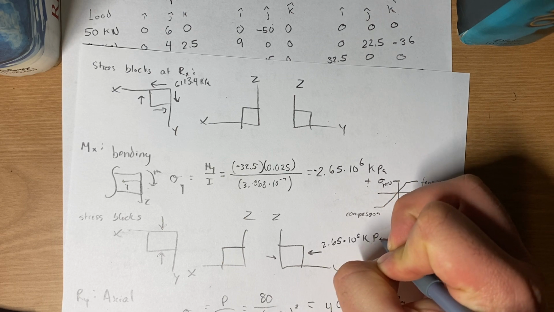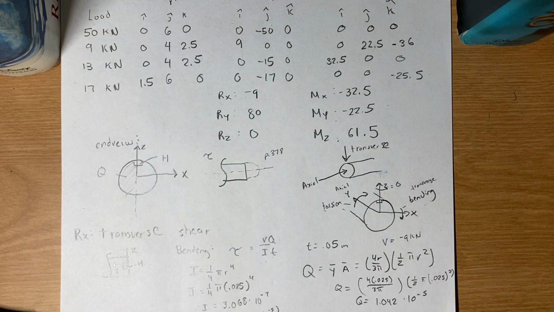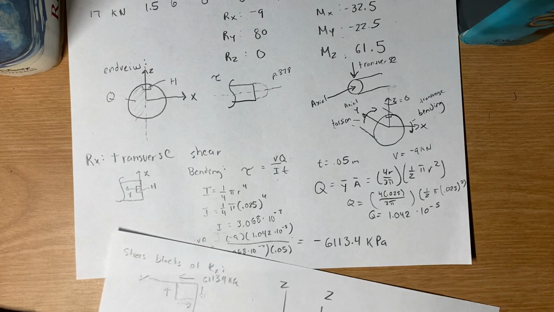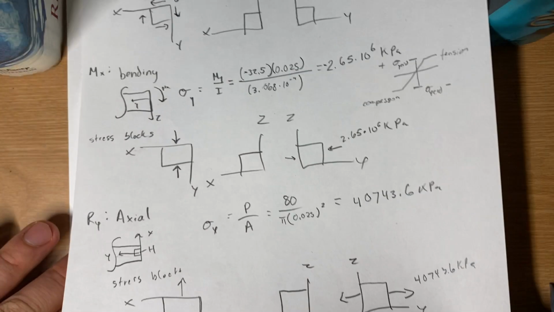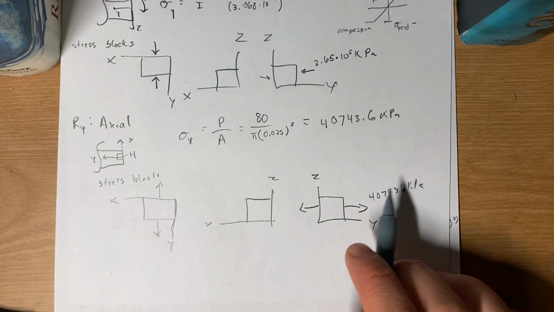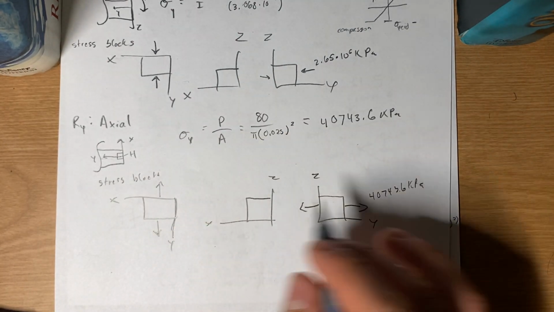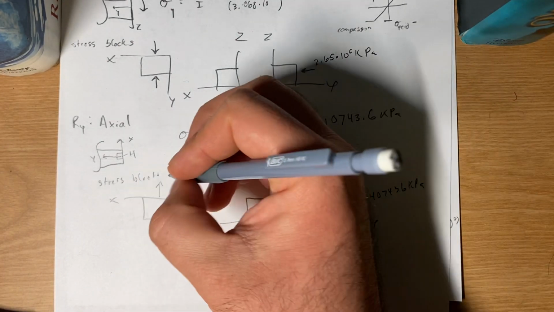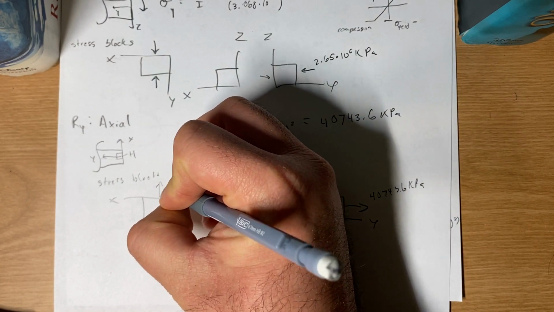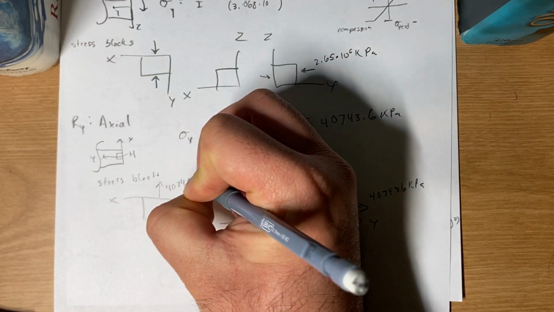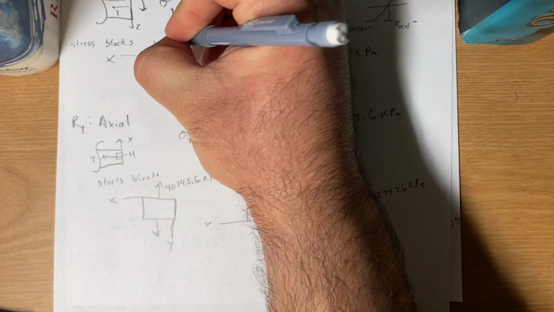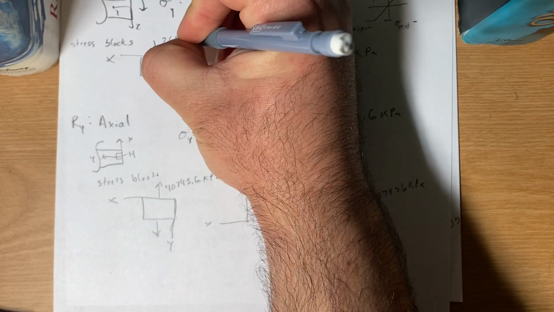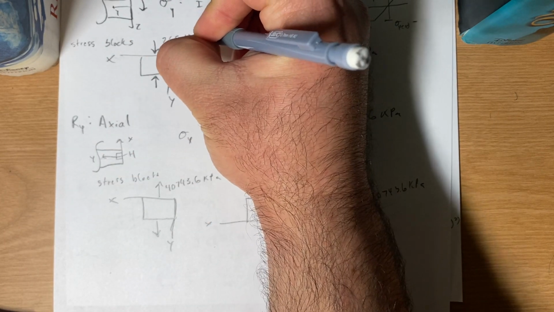And I forgot to write my values, which is the same thing as 2.65 times 10 to the 6 kilopascals. I actually included it here, so I'm good there. Since I have it on both, I have to write it on both. So 40,743.6 kilopascals, and here 2.65 times 10 to the 6.